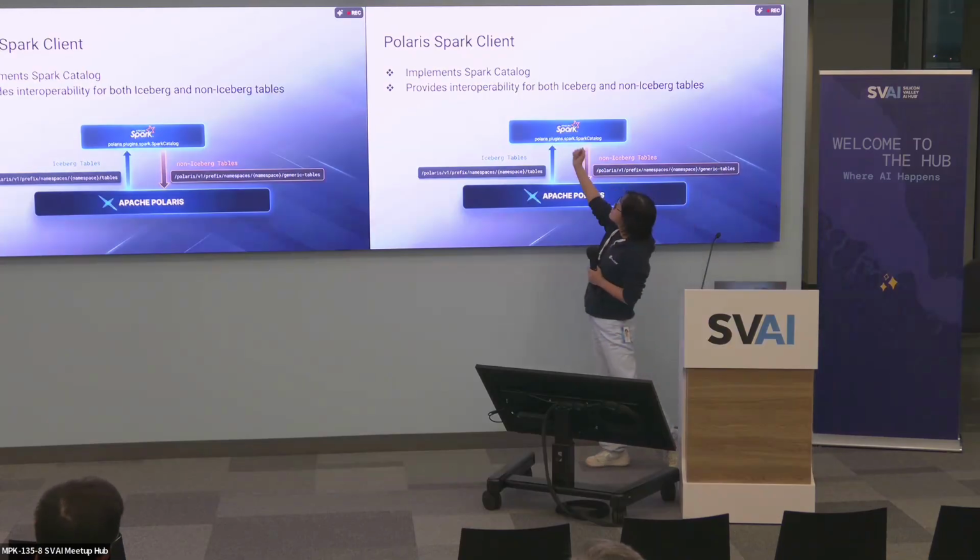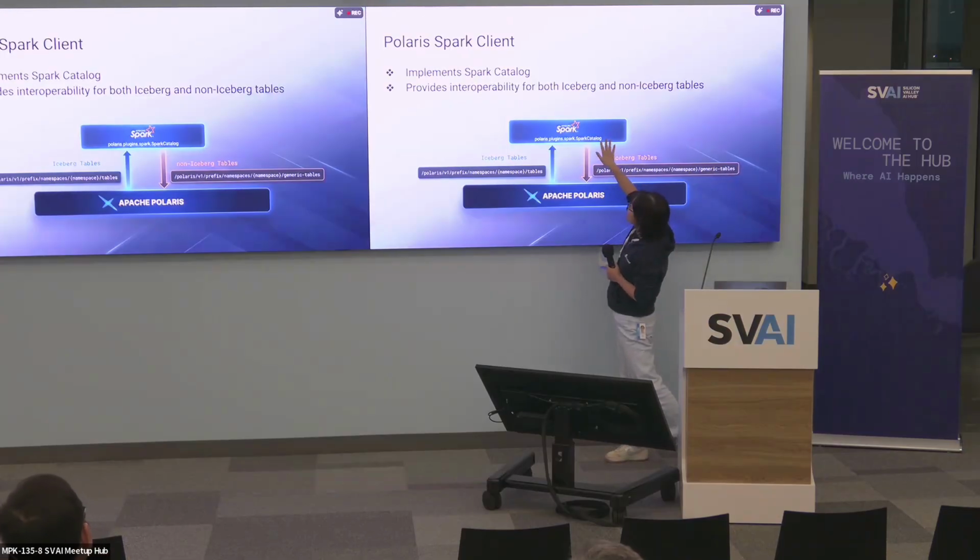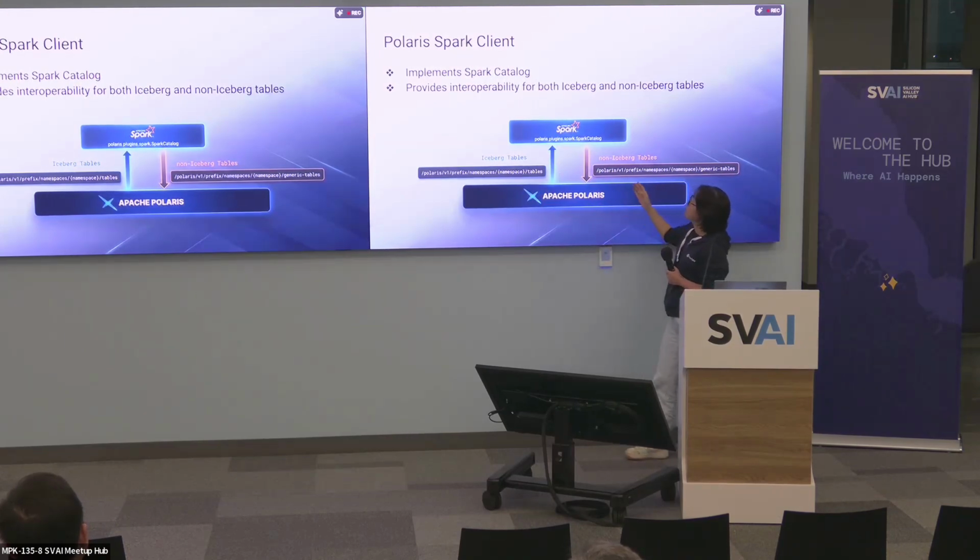We implemented the Spark catalog, and the Spark catalog is able to handle both Iceberg and non-Iceberg tables. This implementation has the capability to interact with both the Iceberg endpoints and non-Iceberg endpoints to complete your workloads.